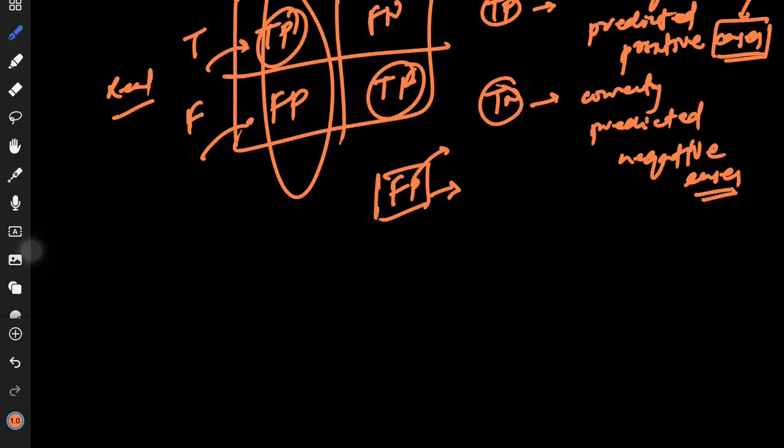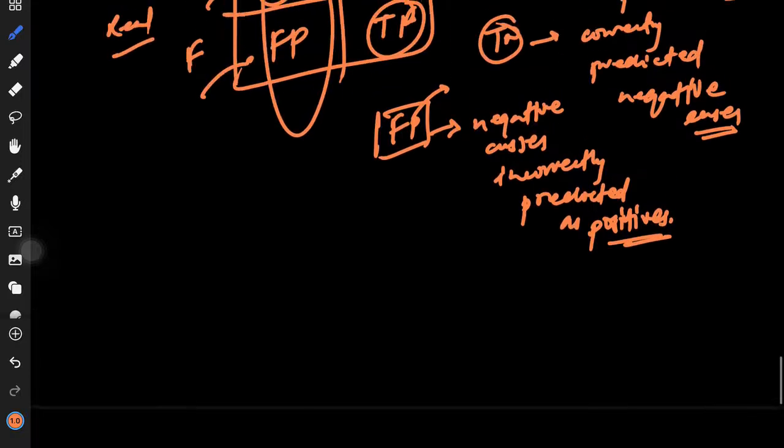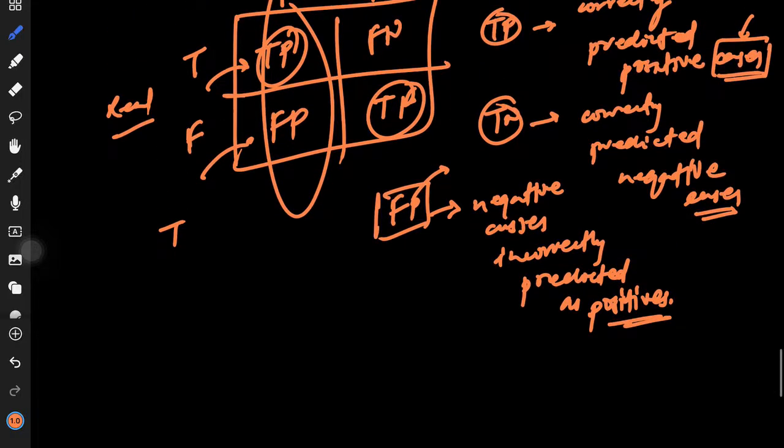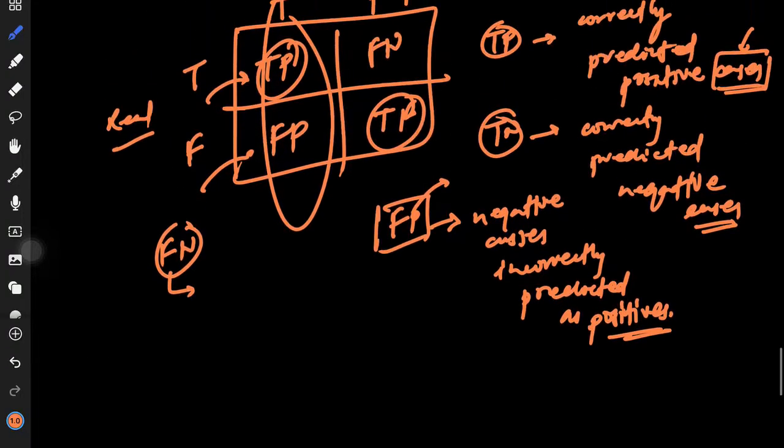Negative cases incorrectly predicted as positives. Then here comes false negative. Why is this known as false negative?